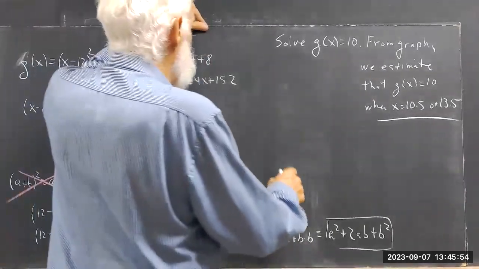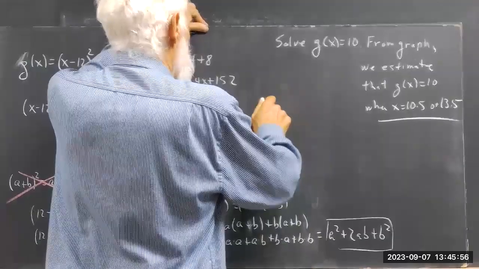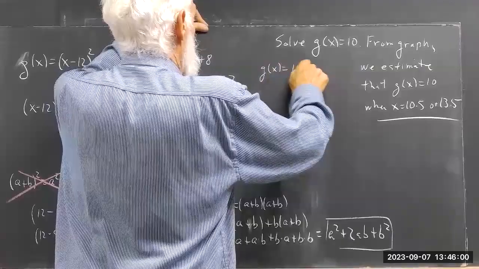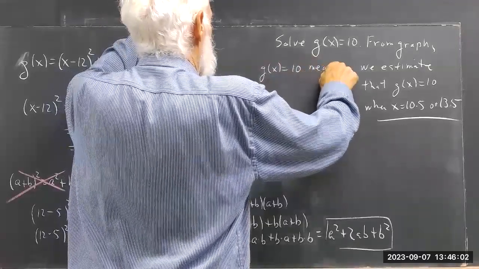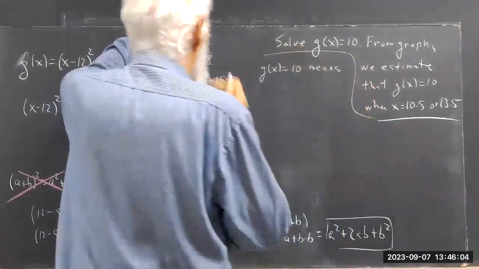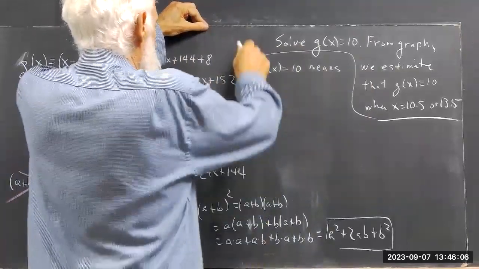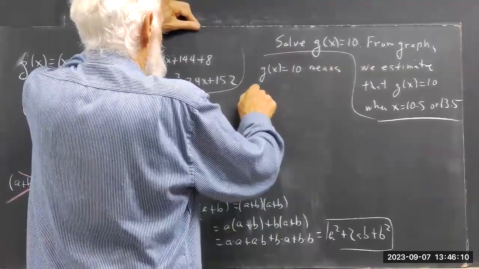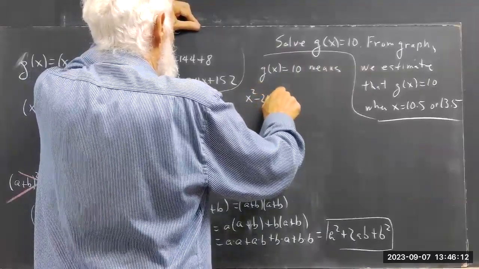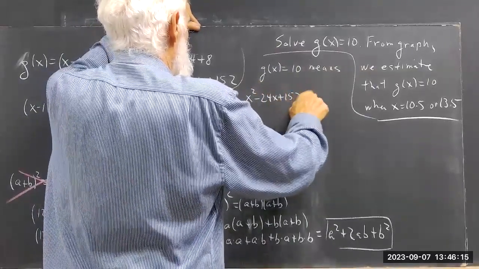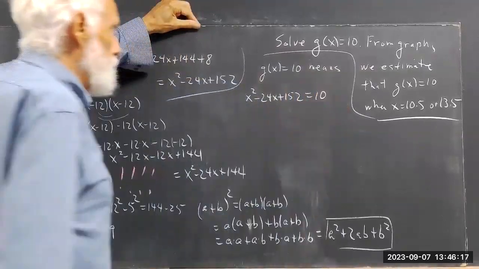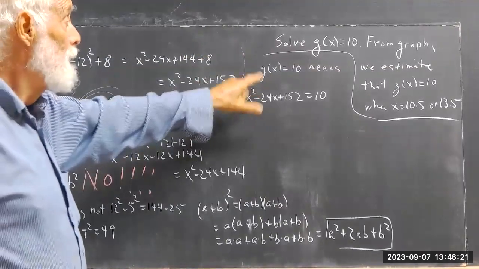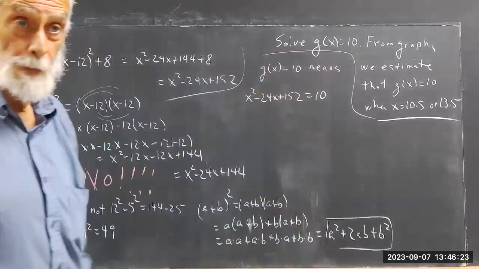Better use a little algebra, and you've probably forgotten so much that you've got to recognize it. g of x is this, so g of x equals 10 means this is equal to 10.